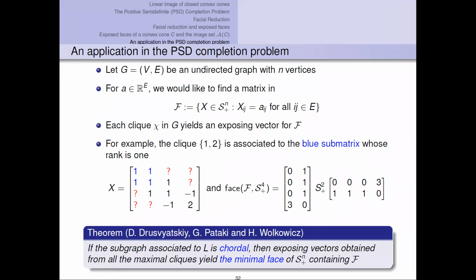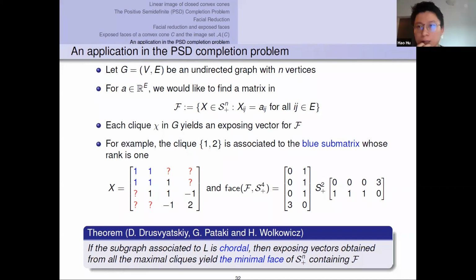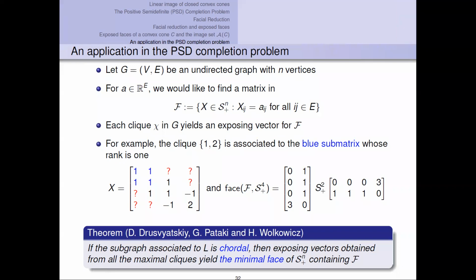Yeah, you can carry this theorem over to the EDM completion problem, right? Instead of a PSD cone, maybe you have the same theorem for the EDM cone. Then you can see the stress matrix of the chordal graph is exactly n minus 1 minus r.